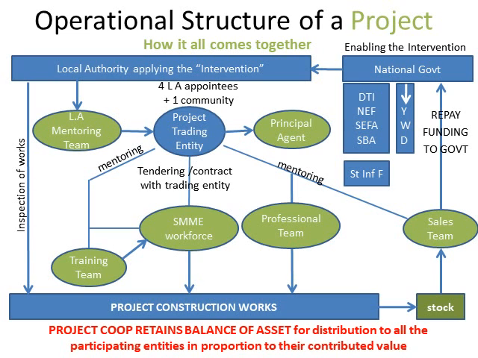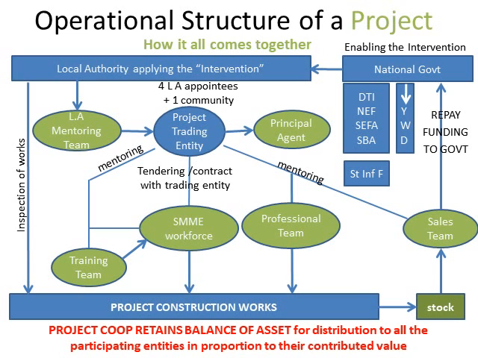So at local authority level now, local authority is first establishing a mentoring team. That mentoring team will be looking at many projects that are happening within each municipal area. For a particular project, the local authority will appoint and establish a project trading entity comprising 4 local authority appointees and 1 community member.